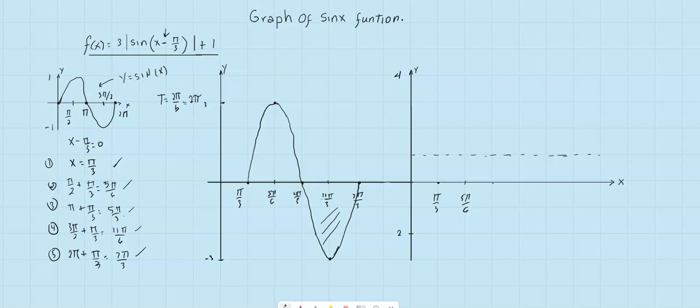Then I have this here, which is going to be 4 pi over 3. Then right here, which is going to be 11 pi over 3. And right here, my other zero, which is going to be 7 pi over 3.